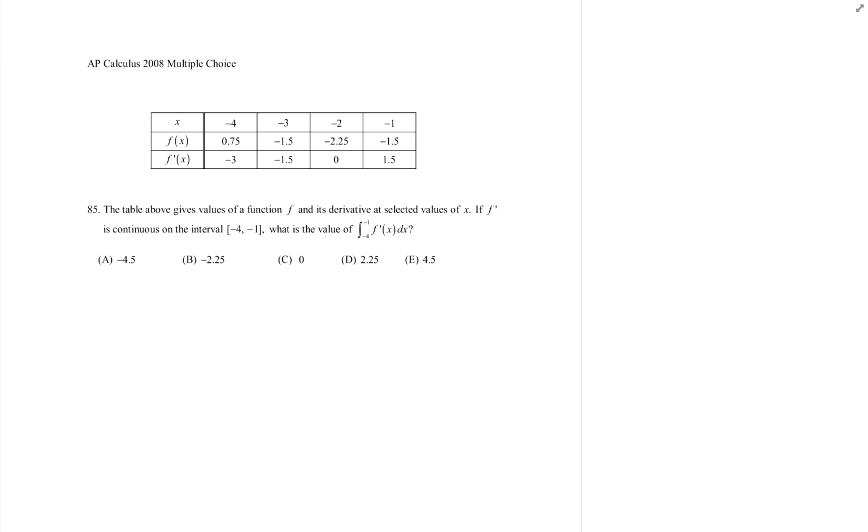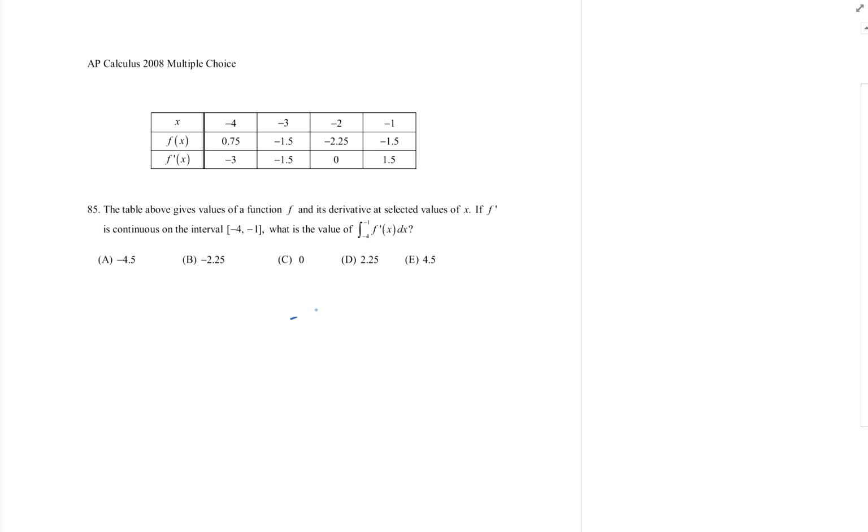Okay, we've got f and f prime both given here. F prime is continuous on the interval. What's the value of the integral of f prime? Don't we know this?